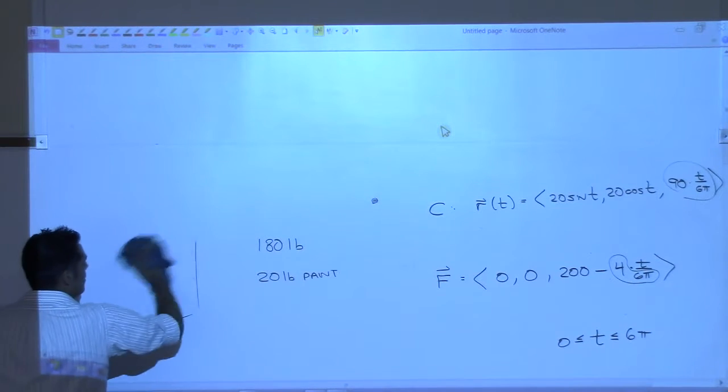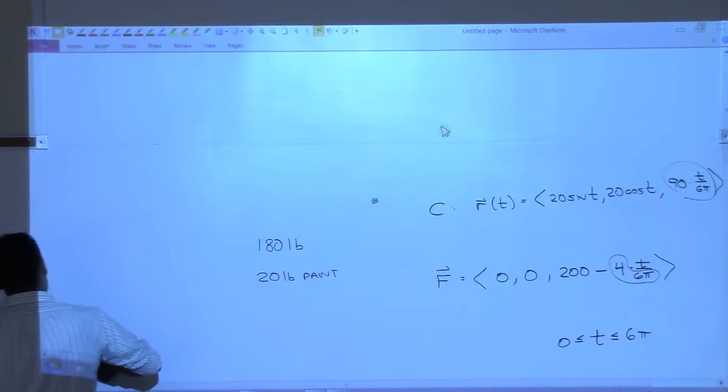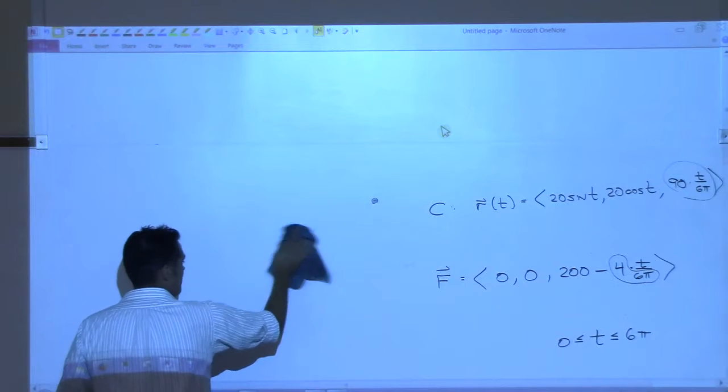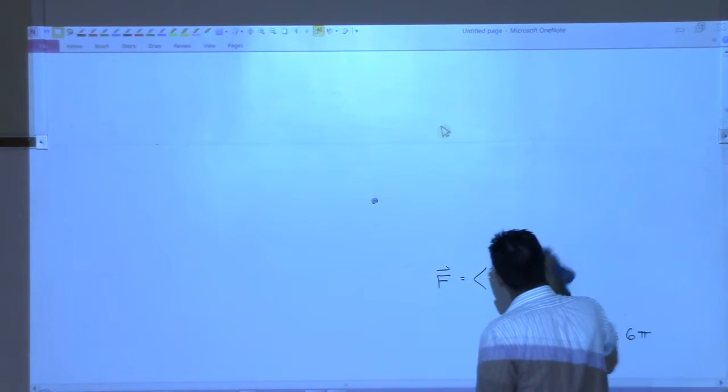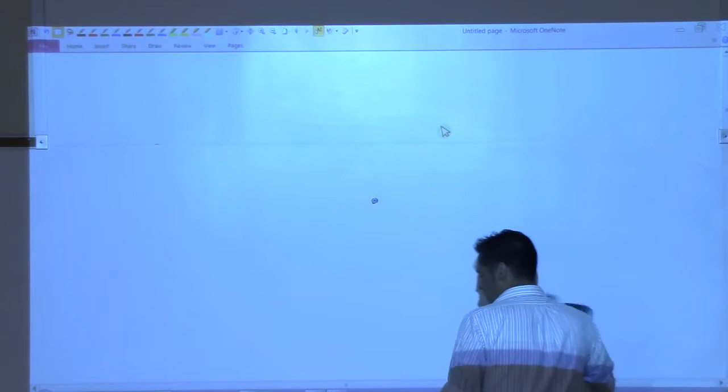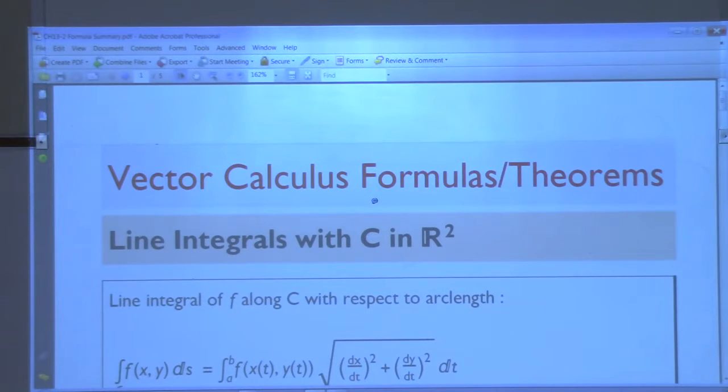Okay, we are moving on to chapter 13, section 3. Oh, and I wanted to show you something. There is a summary of the formulas that we picked up in chapter 13, section 2.